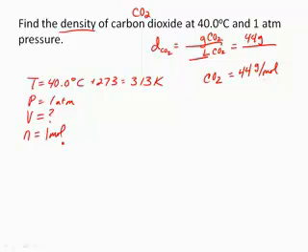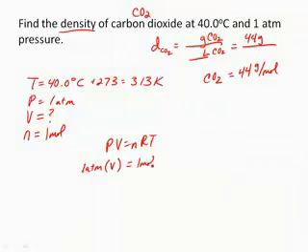So again, PV=nRT, we get 1 atmosphere. V is what I'm trying to find. I'm going to use 1 mole, 0.08206, and 313 Kelvin for my temperature. That gives me a volume of 25.7 liters.